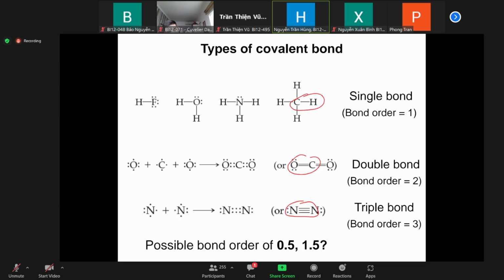In compounds such as CO3, maybe. Anyone who say yes can give me one example of the compound that you can expect the bond order 0.5 or 1.5.